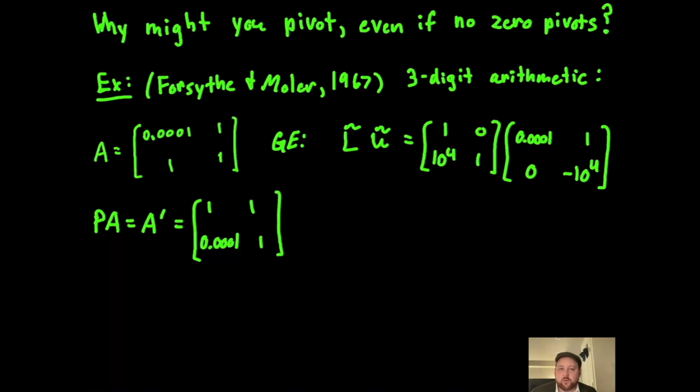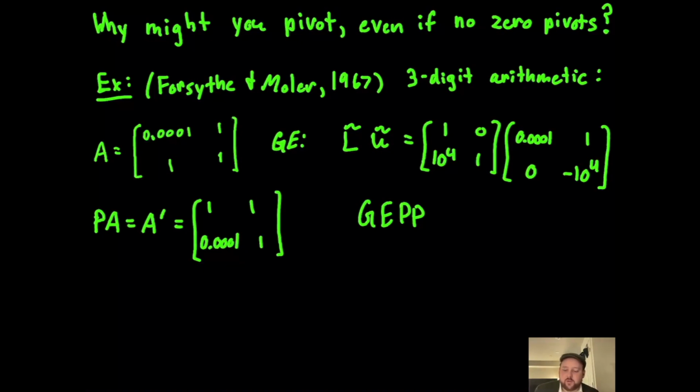In general, when you do Gaussian elimination with partial pivoting, here there was only one choice to make, right? Because it's a 2x2 matrix, there are no more rows. In general, with Gaussian elimination with partial pivoting, or GEPP, you will swap just 2 rows of the matrix such that you bring the largest entry in that column up. Because I'm going to look down that first column and find the entry with the largest absolute value, and then I'm going to swap the rows of the matrix such that I bring that up into the pivot position.